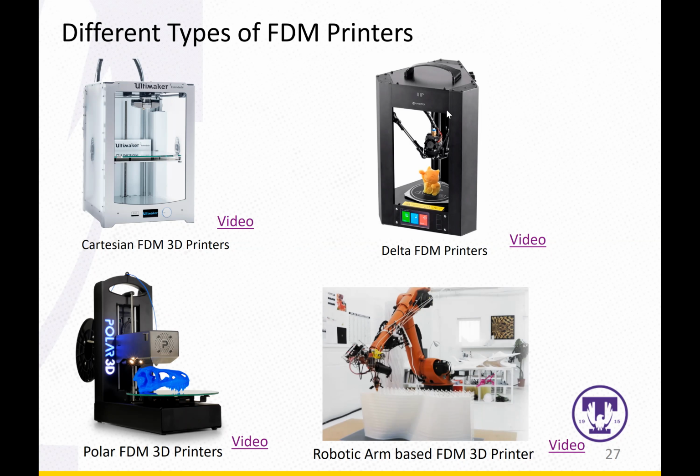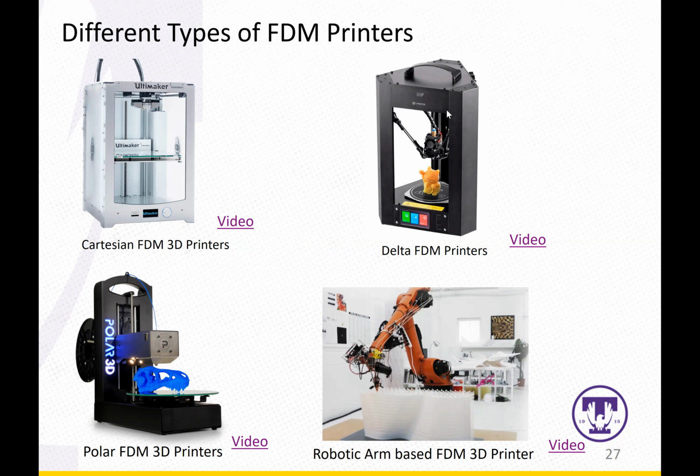If you have a large object, then the robot has some benefit. It has many more degrees of freedom. It is mobile, so you can print the parts and assemble them together, which requires other automation. And the robot arm can not only do the printing, but also do the assembly automatically.